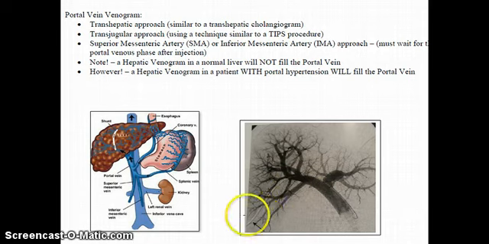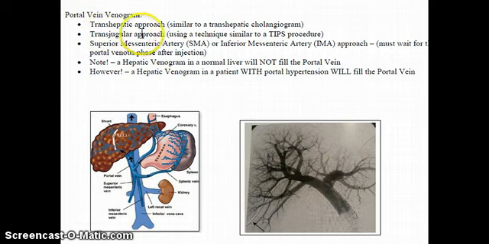And so here they've done that, they have punctured the portal vein, then they put a catheter in and injected contrast here. And remember, this blood is going into the liver. So they've injected contrast and it's going back into the liver, filling the liver.